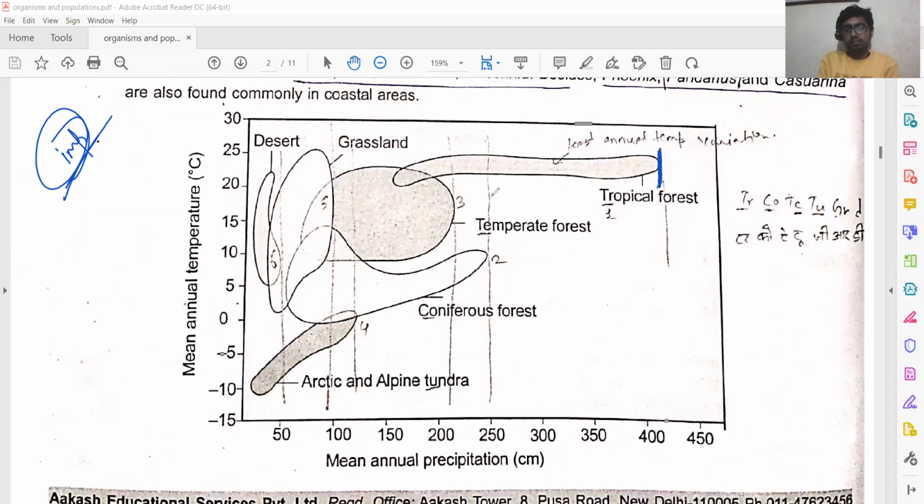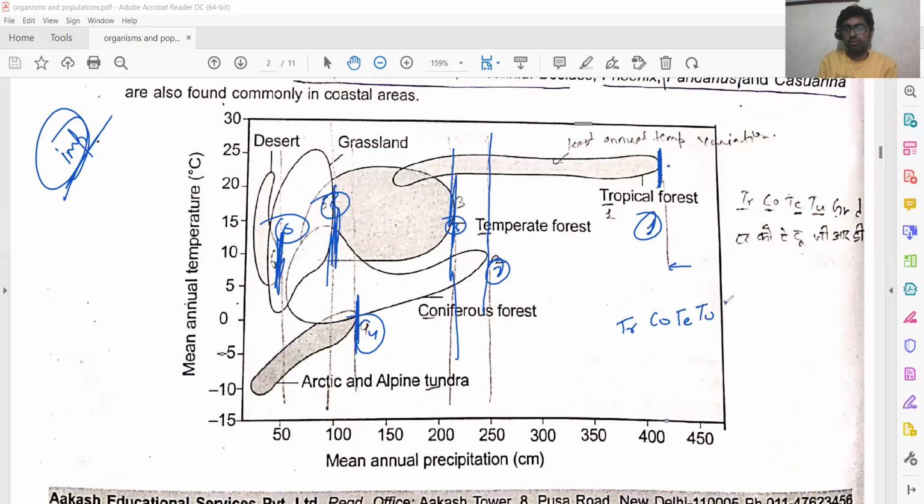So I made a trick according to the last point of the graph. You can see this is the first point, this is the second, this is the third most end, this is the fourth most end, this is the fifth most end, and this is the sixth most end. Turco T2 GRD. This is quite funny, but you can learn.